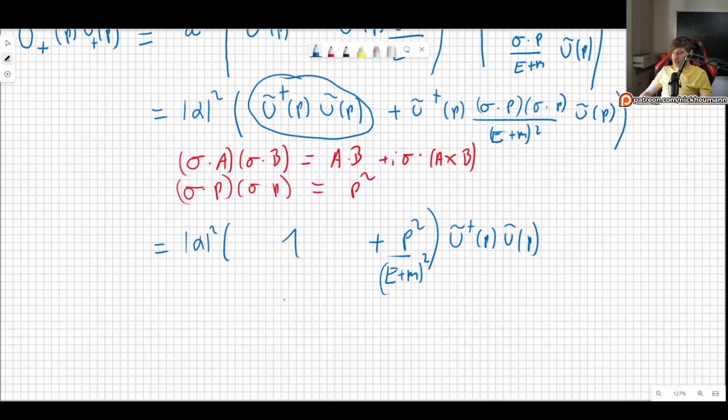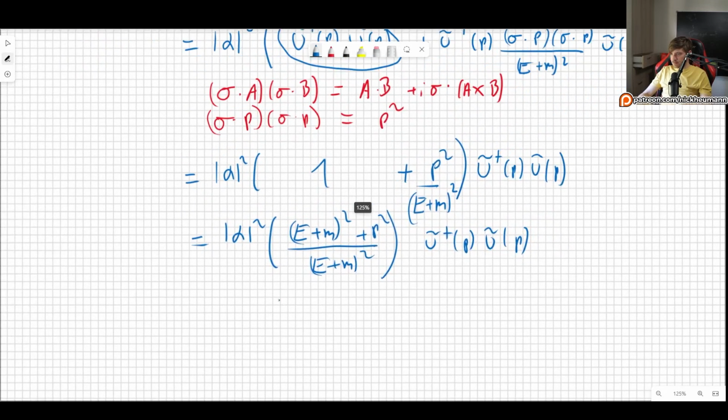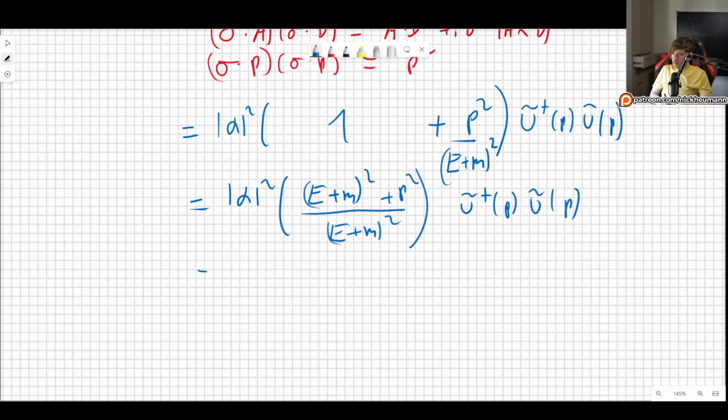All right. So now let's just simplify this a little bit. Let's take the minimum common denominator here. So we get (E plus m) squared plus p squared, divided by (E plus m) squared, times our beautiful u's. And here we still have our alpha squared, and we can now expand this.